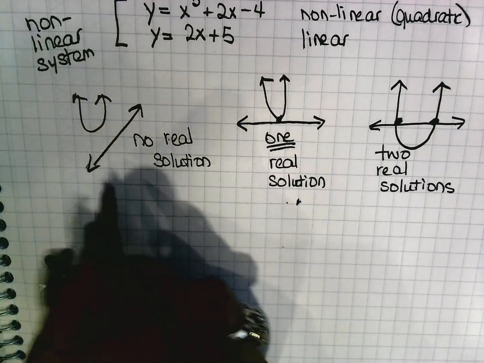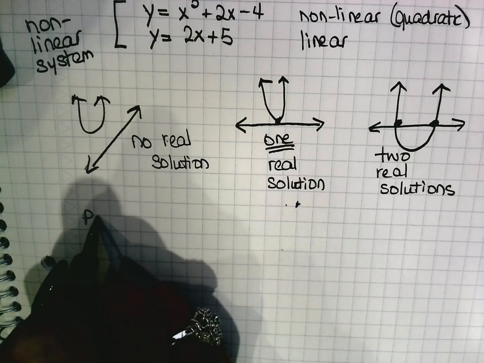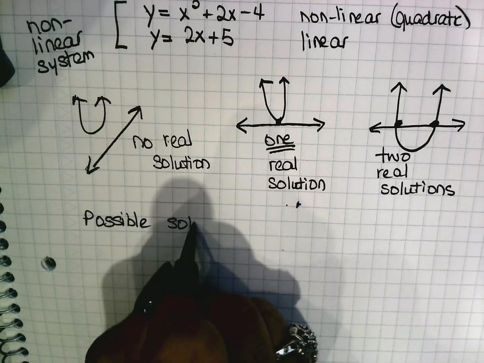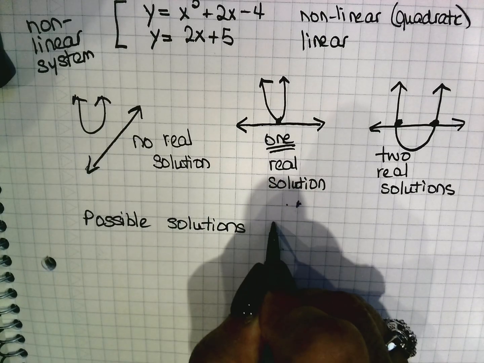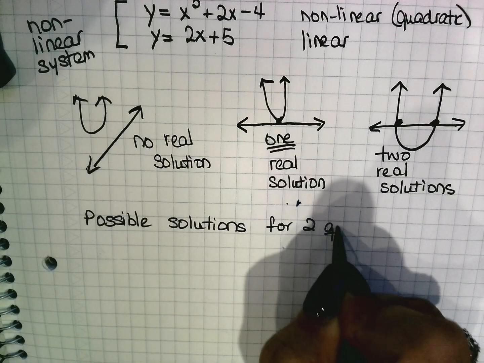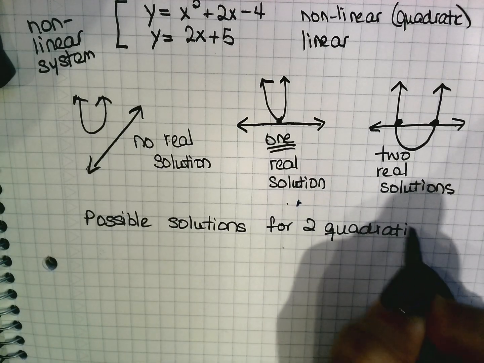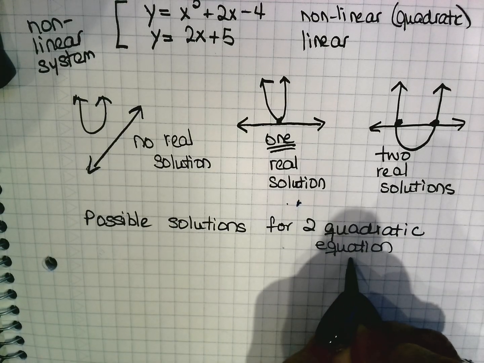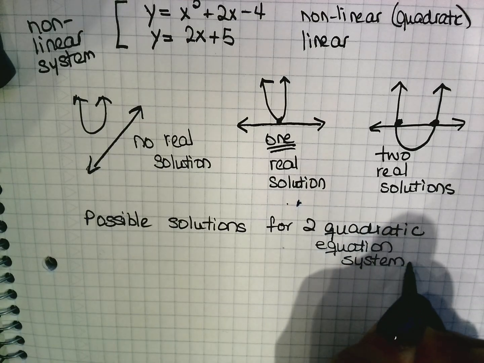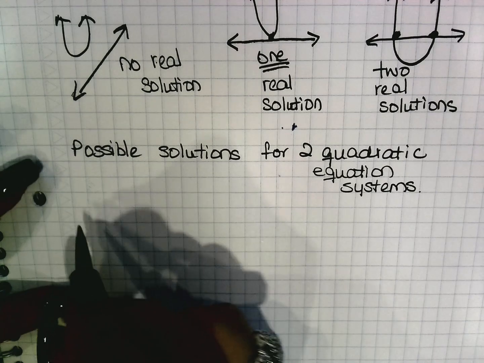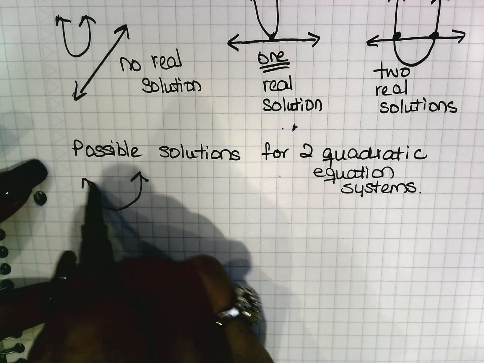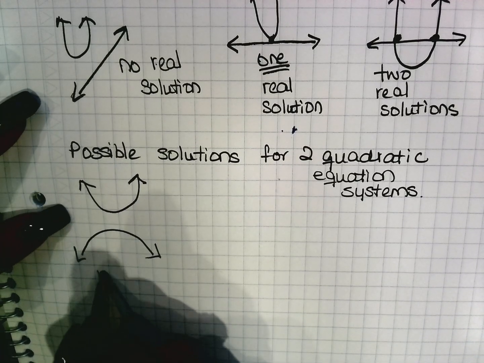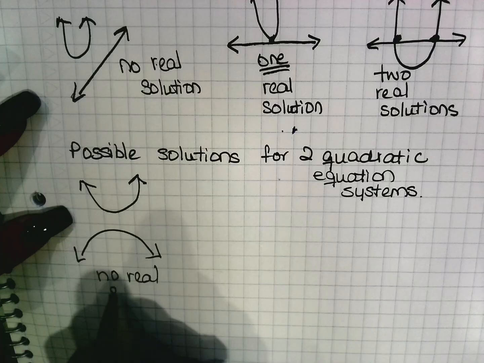How about if we had possible solutions for two quadratics? Again, these are nonlinear. All right, so if I have two quadratics, I could have one up there and one down here, and they never ever cross. So that would be no real solution.